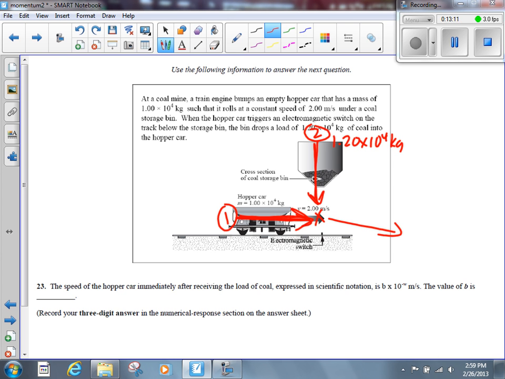Here's the thing. It does go down a little bit, but it goes down so little that the y component isn't going to matter. Can anybody explain to me why it goes down so little? Why is the y component effectively irrelevant? Michael? It's on the track, and it can't go down because the track is on the earth, right? So when it goes down, it has to take the earth with it.